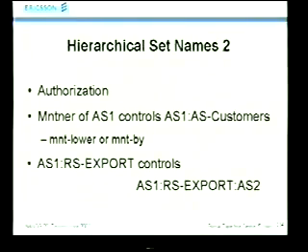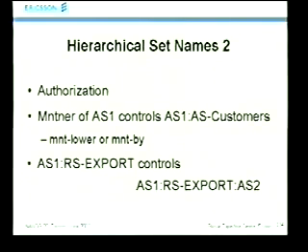More generally, if you have this object here, AS1:RS-export:AS2, only the maintainer of this object can create this object. Okay? But only the authentication specified in the aut-num object for AS1 can create this.